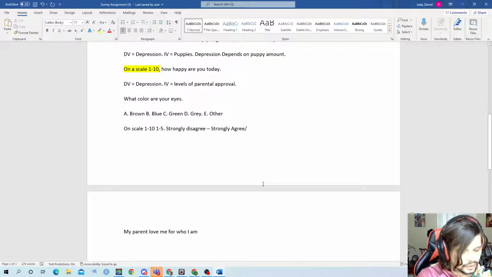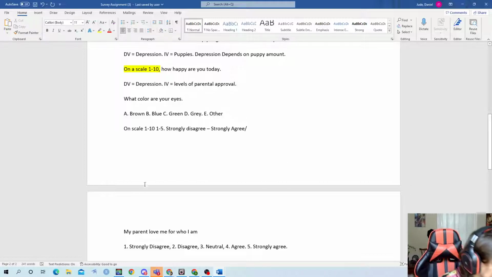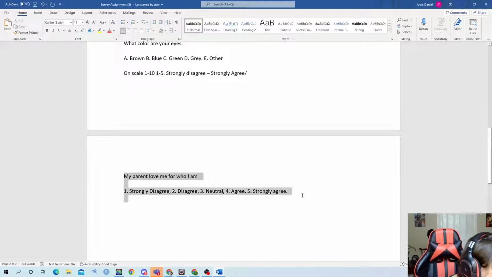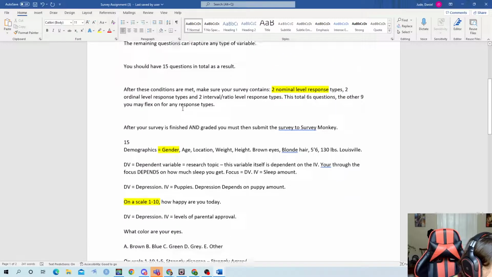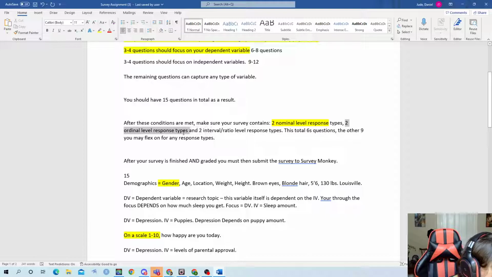And then you could go down here and say, 1, strongly disagree, 2, disagree, 3, neutral, 4, agree, 5, strongly agree. Okay, and that would be measuring an independent variable, in this case parental approval, and see this question right here would satisfy independent variable measurement, it's up here, okay. It'll also satisfy ordinal level response types.